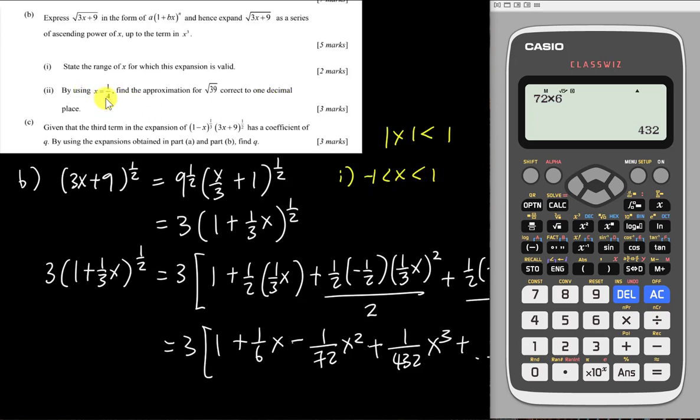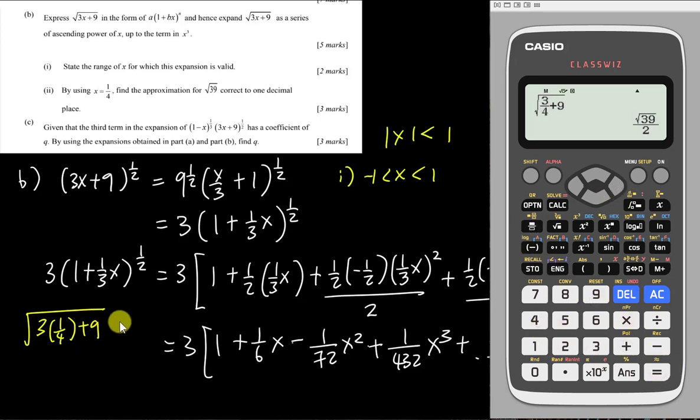Alright, then we go to the part 2. They say when x equals to 1 over 4, ask us to approximate square root 39, correct to 1 decimal. So we kind of need to sub the 1 over 4 into the equation to see what happened. Okay, so let's say I have square root of 3 times 1 over 4 plus 9. So let's see what happened. 3 times 1 over 4 is 3 over 4, and then we plus 9.